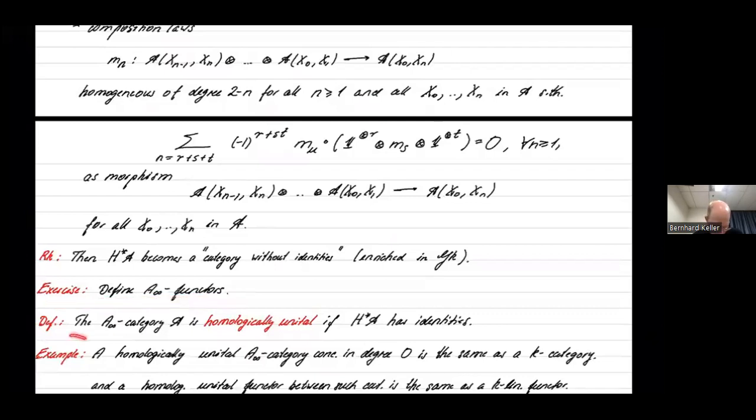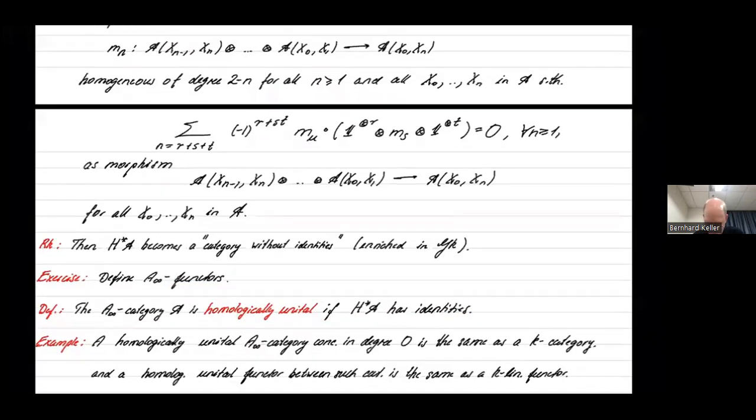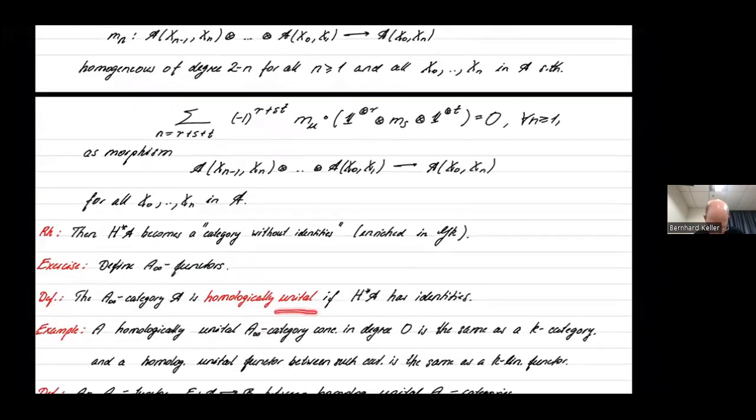Then we have the notion of homologically unital A-infinity category. This, by definition, holds if the homology category has identities. This is perhaps the simplest possible definition of unitality.